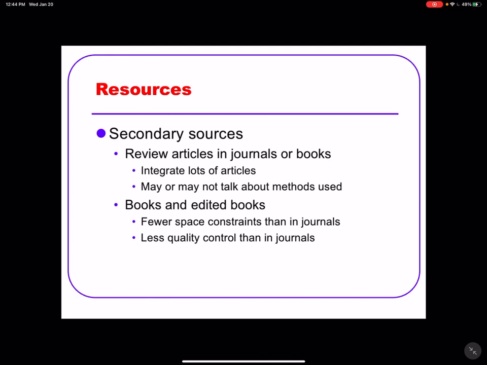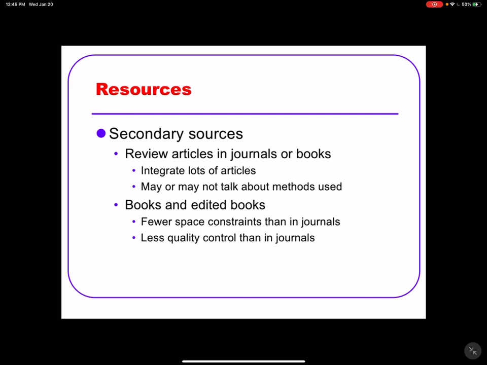Journals are better than books, but the good thing about books is that they get more space. Journals are really expensive to publish. Remember I told you that nonprofit organizations publish journals. So journals are saving money and saving paper, so they want your article to be as concise as possible.